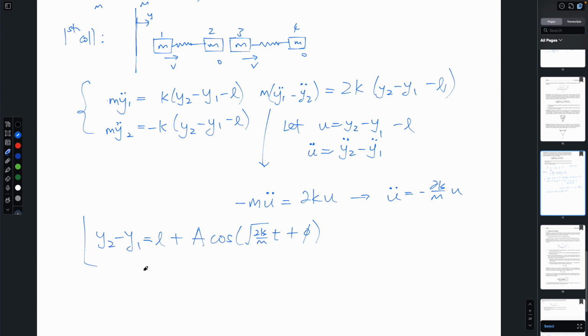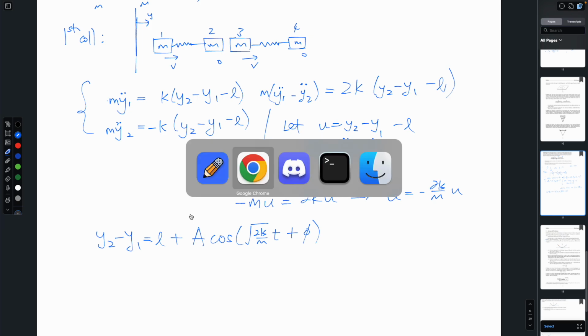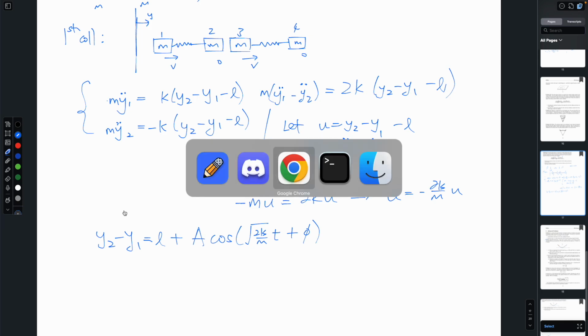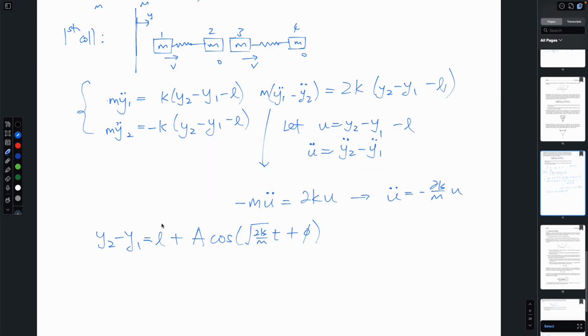Okay, so up to this step, is it okay? Up to here, you can get this one. Okay, nice. Then the next step is to write y2 minus y1 equals square root 2k over m.